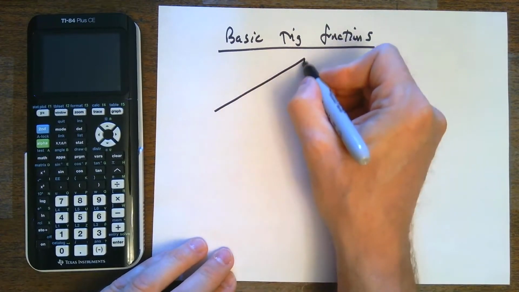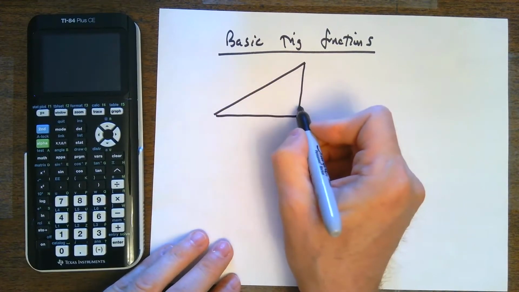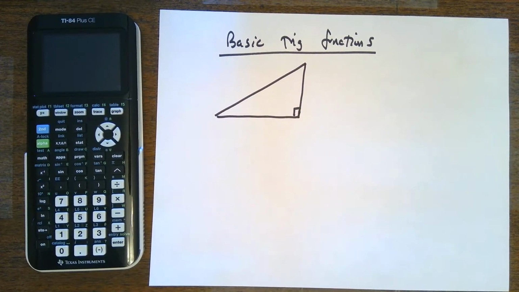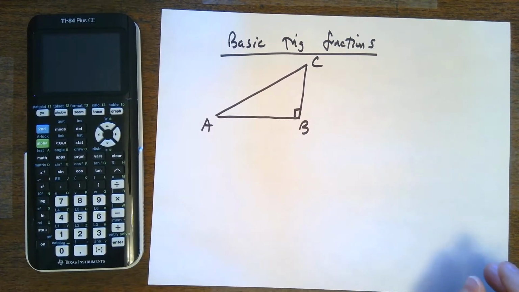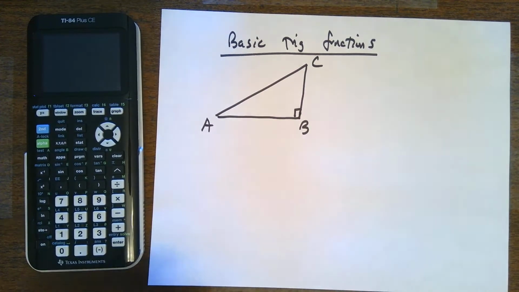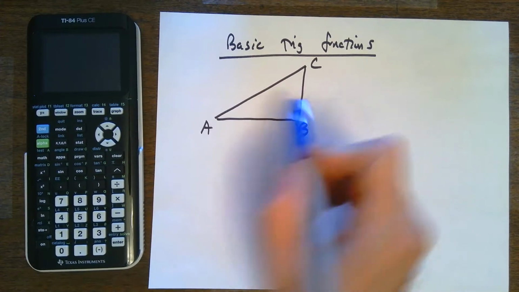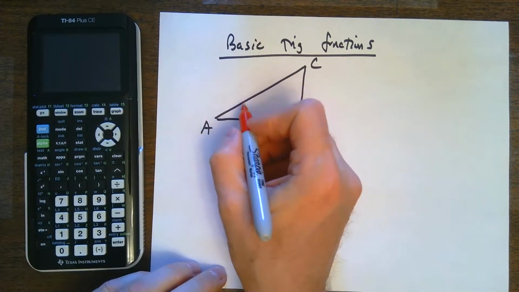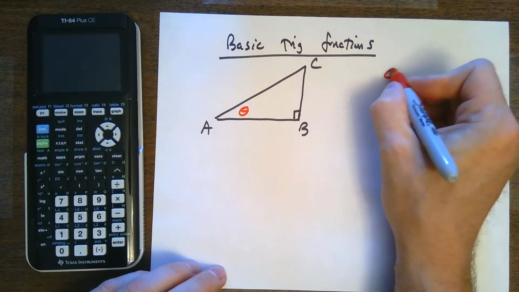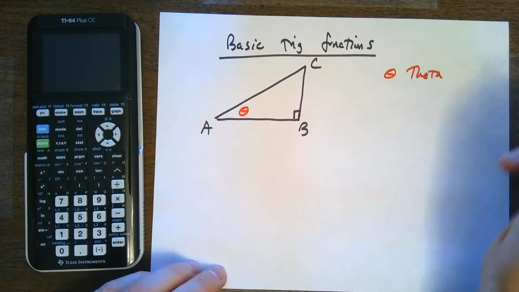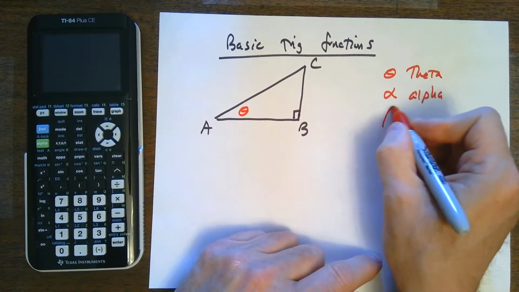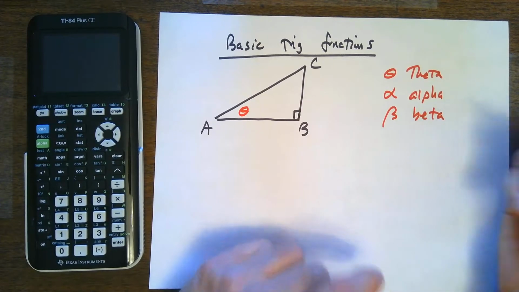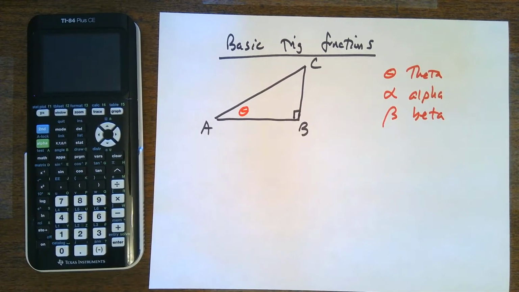If we have a right triangle, with vertices A, B, and C, and I have a reference angle, and I'm going to use this symbol, theta. Later, for unknown angles, we'll also use alpha and beta, or in American, beta. These are the symbols that are often used to represent unknown angles.